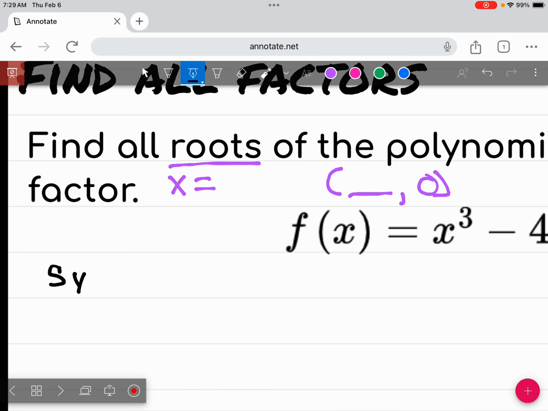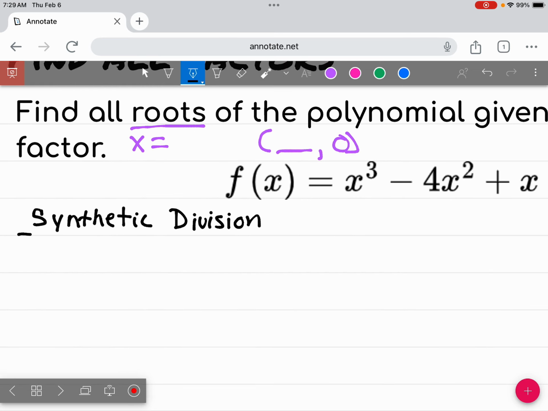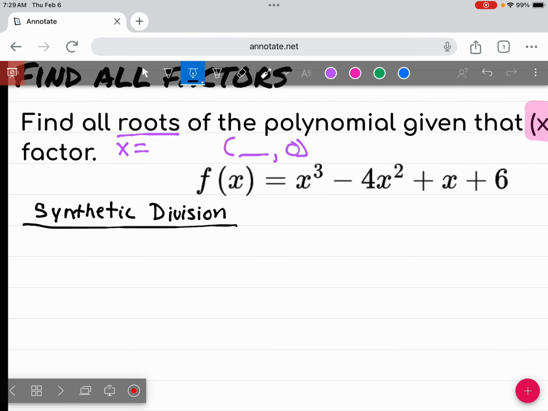So our synthetic division, I was writing it out. Forgot the T. Synthetic division. And if it's not spelled right, it's close enough. So we're going to do our synthetic division over here. We have our little box, and then just like we did in the bell work, we're going to take the numbers from in front of each one of those terms.